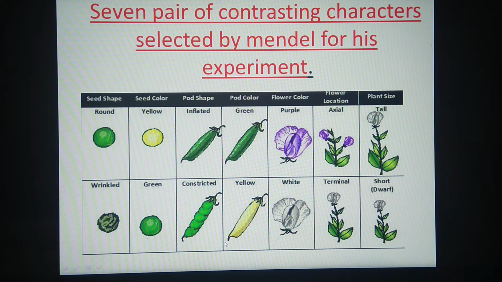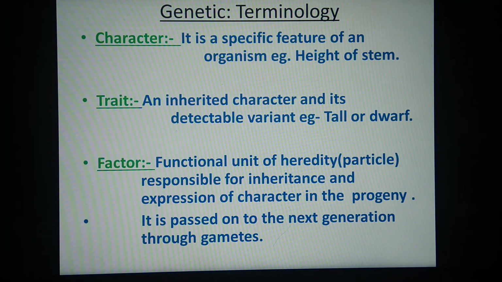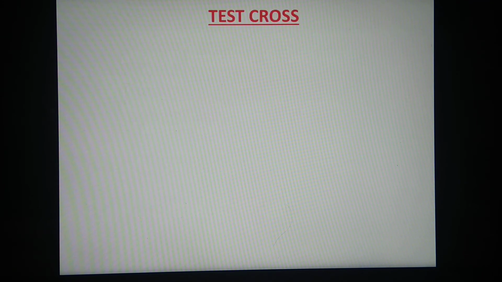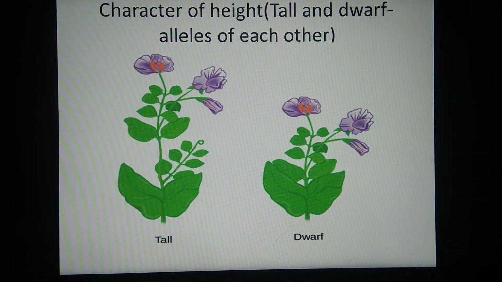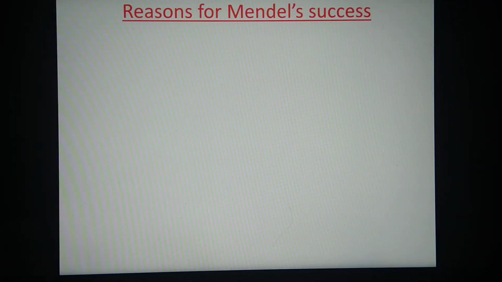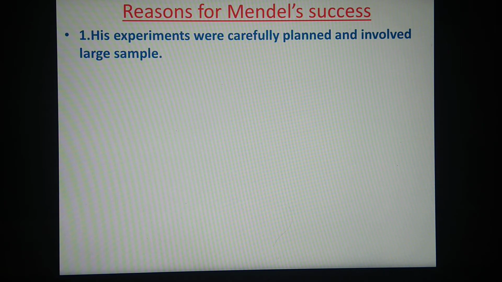Why was Mendel successful in his experiment? There are some reasons why Mendel was successful in his experiment. We will see the reasons for Mendel's success. First, his experiments were carefully planned and involved a large sample.